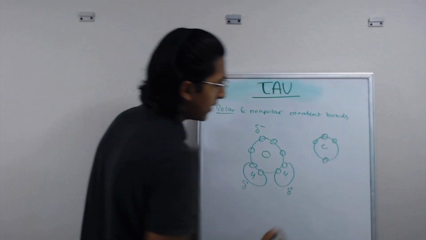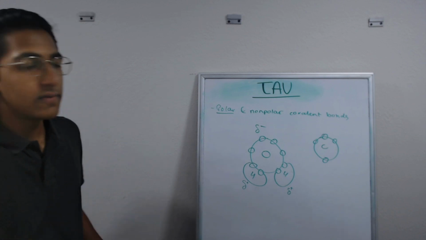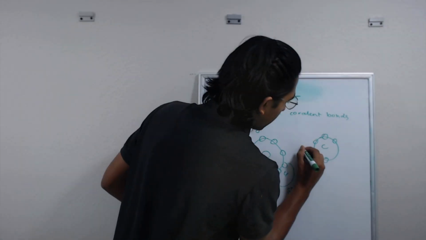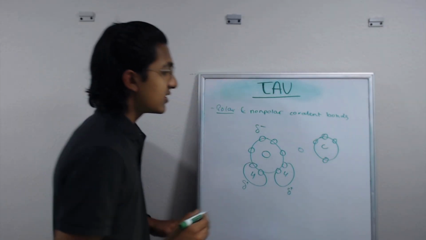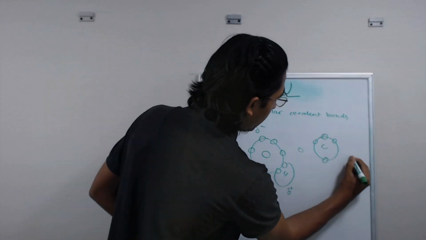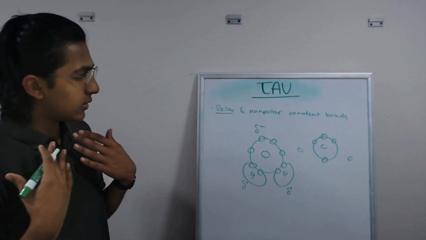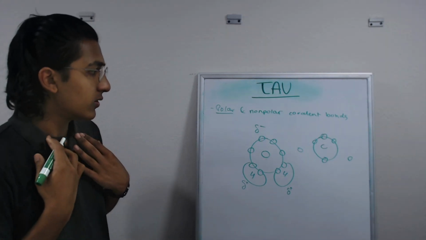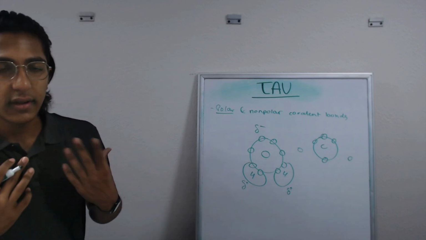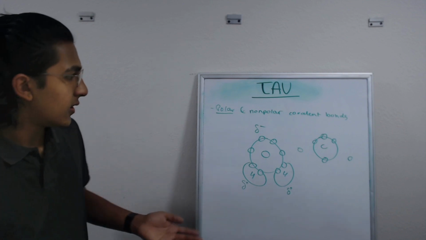What does that mean? It needs 4 more electrons to be happy. So now comes along oxygen and says, okay, there's 2 of me, 2 oxygens. We each need 2 more to be happy, and we'll give you 2 each to be happy.